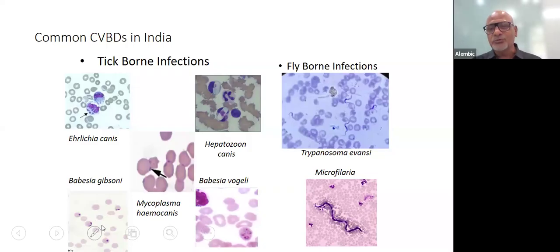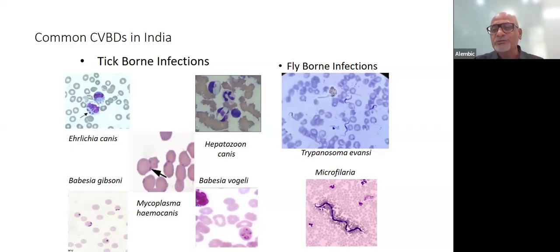But let me tell you, certain organisms are obvious, like Hepatozoon canis, you can't miss it. Trypanosoma, you can't miss it. Microfilaria, you can't miss it. But for other organisms, one has to have a good experience. A very, very experienced eye is required to detect particularly small organisms like mycoplasma or Babesia gibsoni.